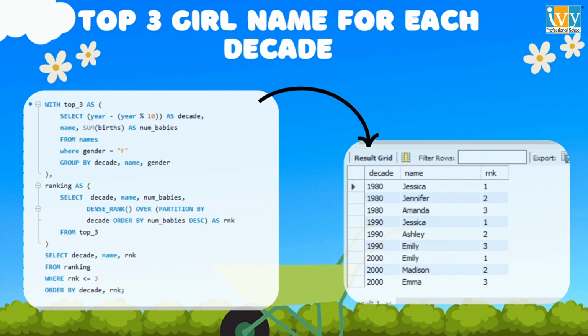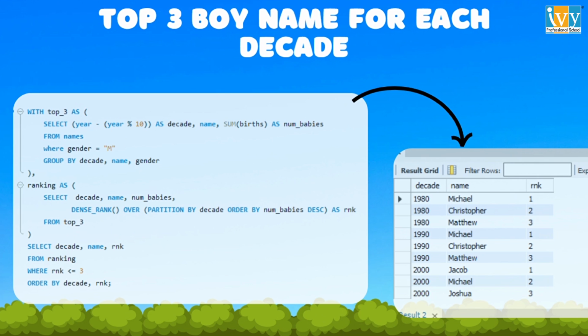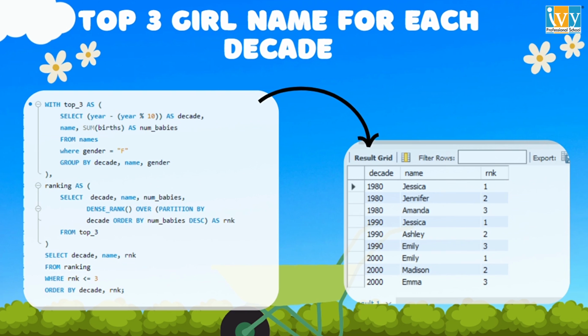Then, to identify the top 3 names by decade and gender, I split this query into two parts: this one for female and this one for male. This was necessary in my case because the dataset was too large and running the full query in one shot caused my SQL to crash during the execution.